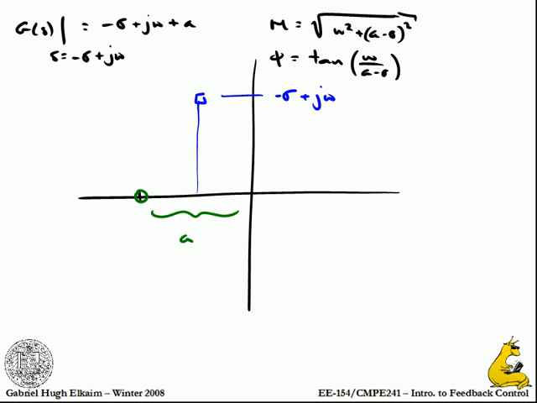Can you guys convince yourself that that's true? But take a look. What's that? That distance is a minus sigma. What's that length? This length is M. What is this angle? That angle is phi.